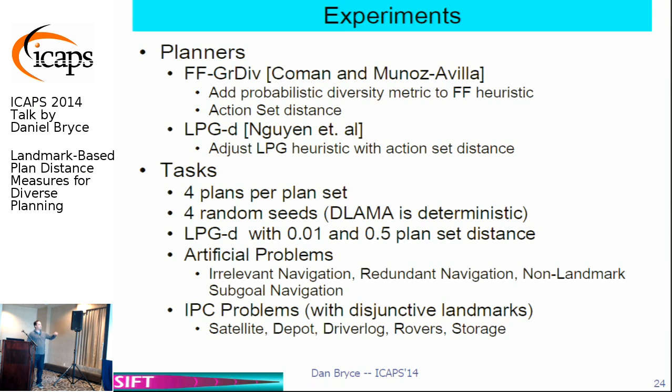And then LPGD also has a parameter that says how different the plans need to be. So 0.01 means that the action set distance on average is 0.01, or 0.5, or 1.0. So I developed 3 artificial problems, the ones I showed you earlier, and scalable versions of those. And then I took the IPC problems that had disjunctive landmarks.